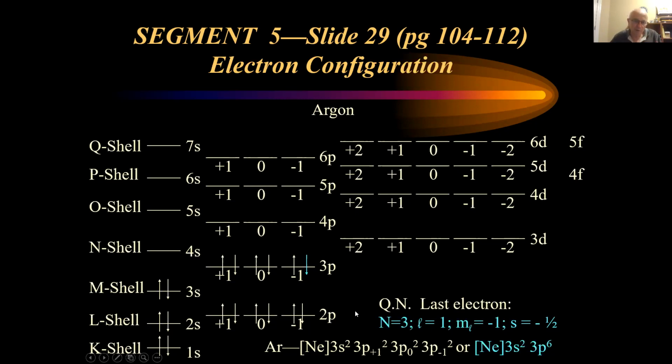But you know, a while ago we said, okay, maybe this noble character is because you have a filled shell. So filled shells might be it. Nope, look here. The 3s, 3p, and 3d make up the M shell, and it's not full. We don't have any electrons in the d orbital of the M shell.